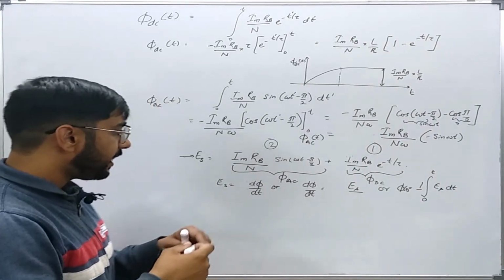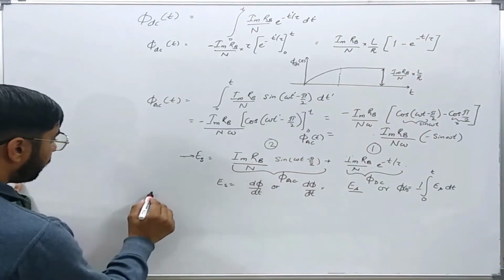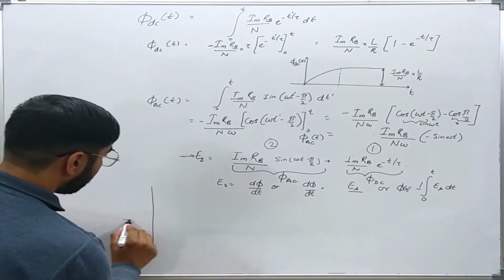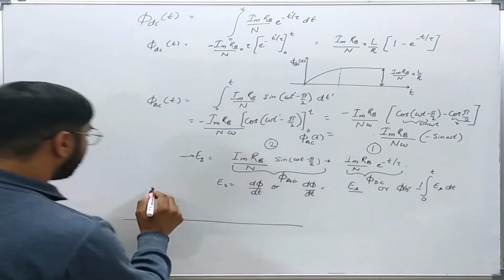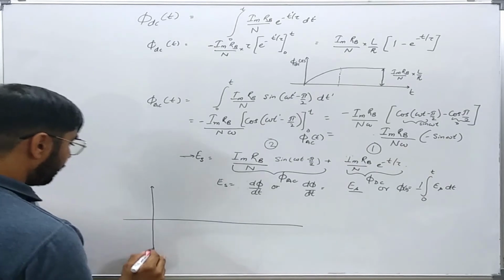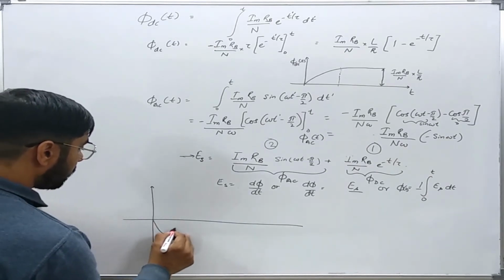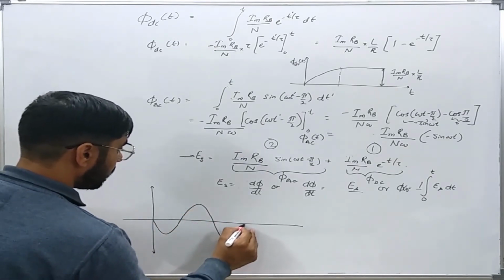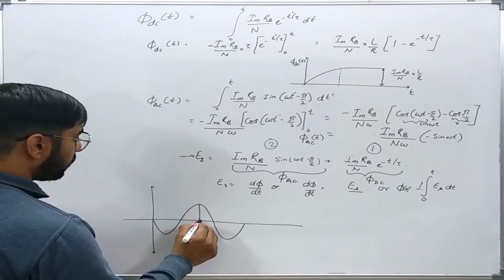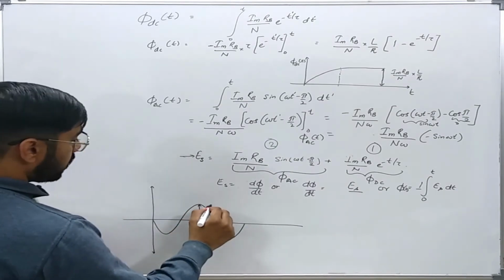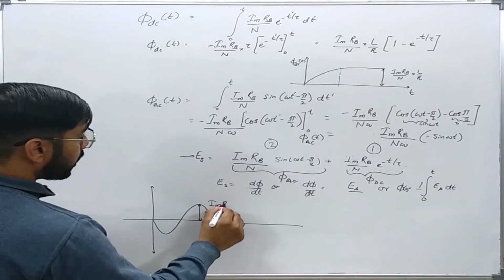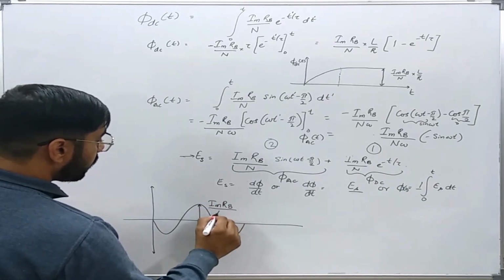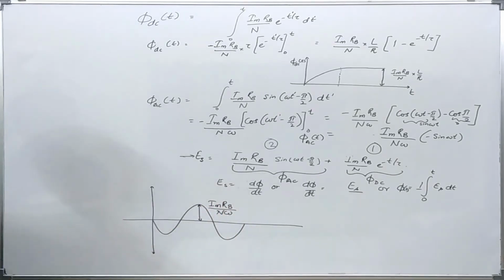This thing will vary according to this waveform, and its maximum value will be equal to Im RB over N omega.